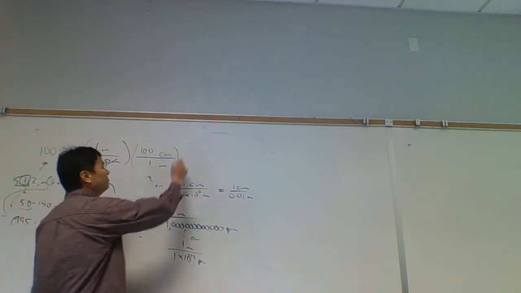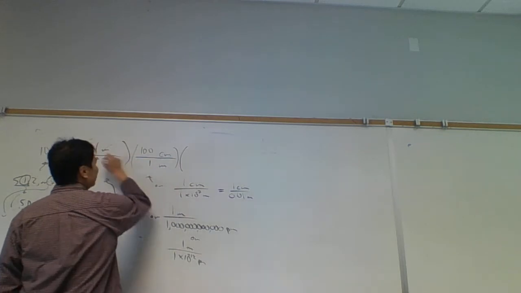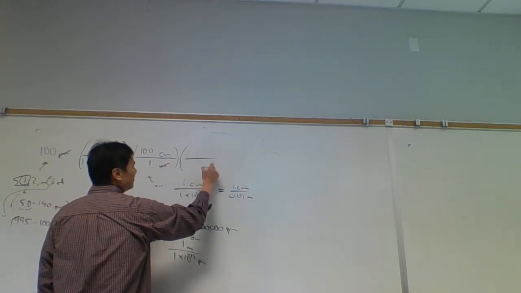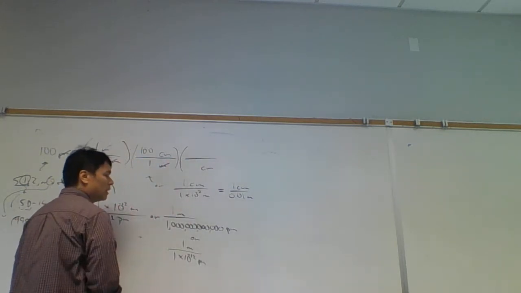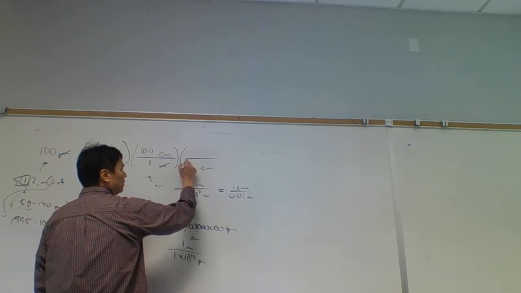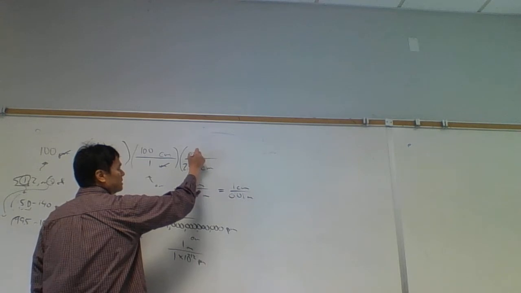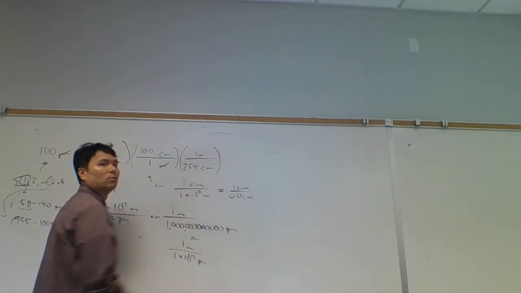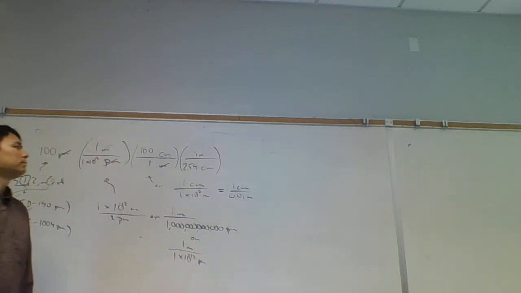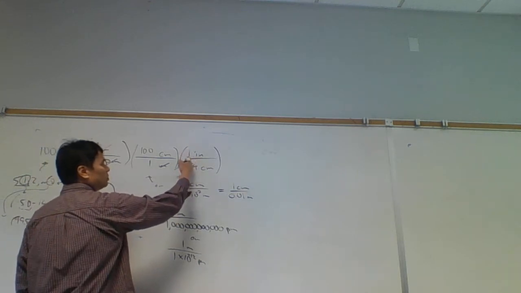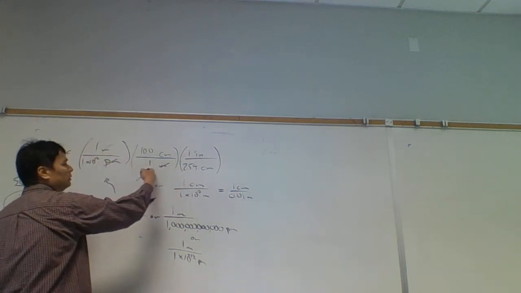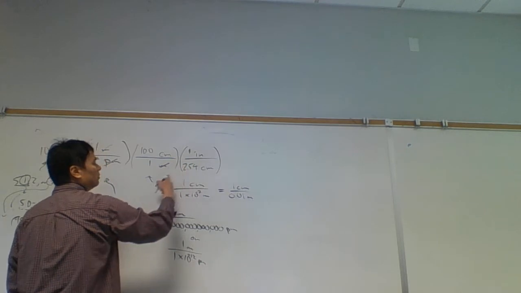And then we need something that gets rid of centimeters. Well, you should memorize this one, if not now: 2.54 centimeters is exactly 1 inch. Like I said, I don't have to put the 1 here. I could leave off the 1 like this, or I could put it in.